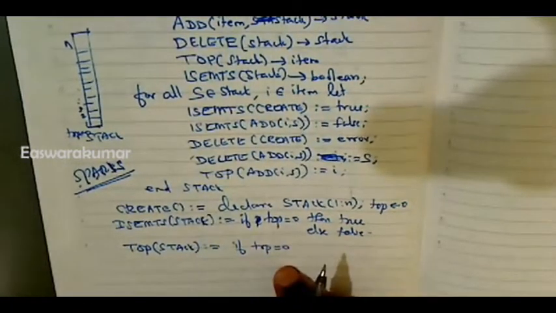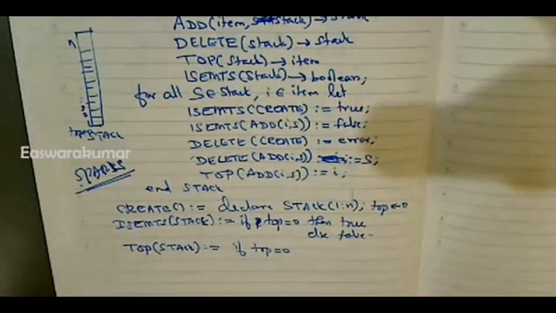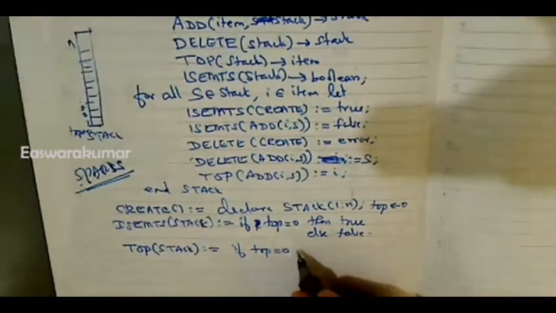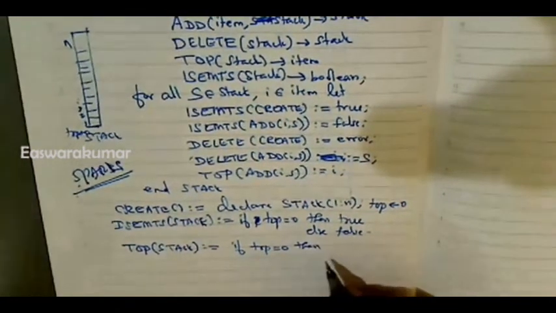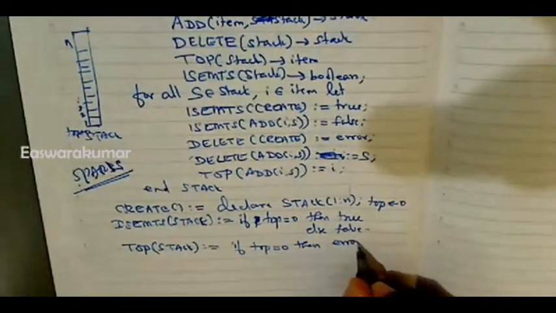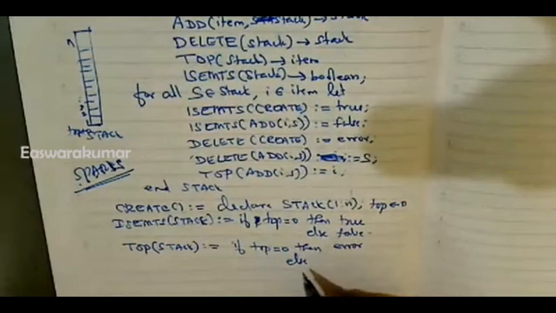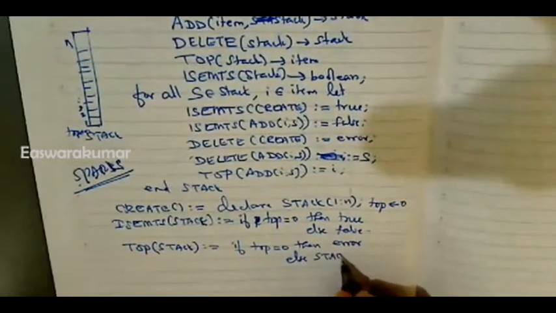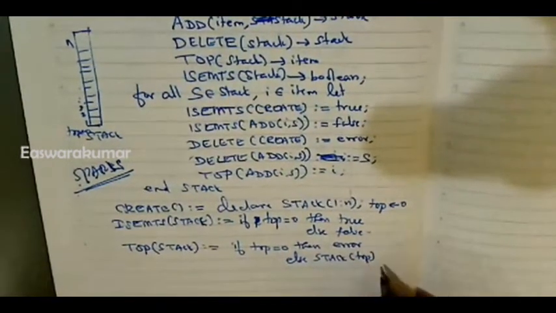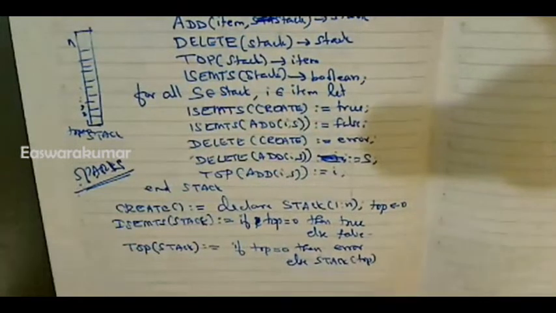If top is equal to 0, nothing is there in the stack, and hence we cannot return any topmost value. Therefore, in this case it will return an error. Otherwise, it returns the stack of top. Whatever element is in the topmost position will be returned.